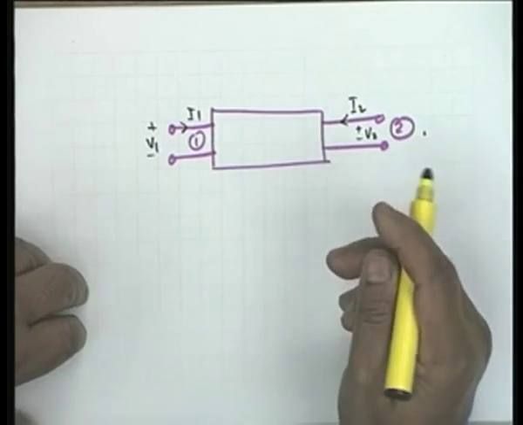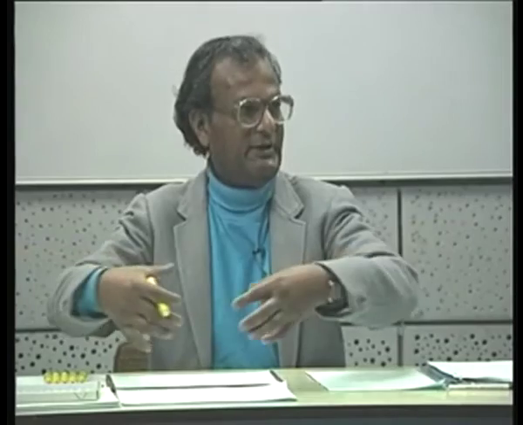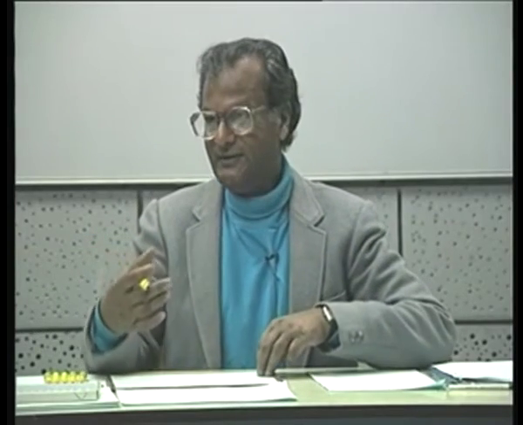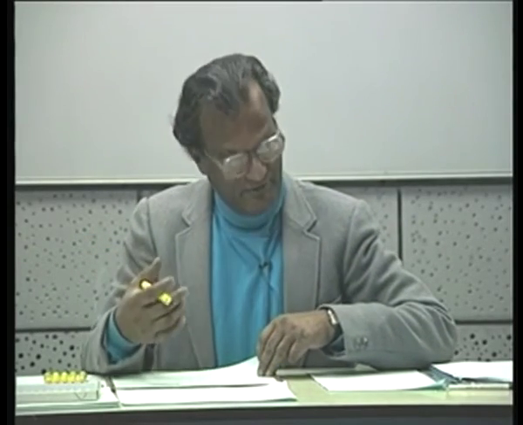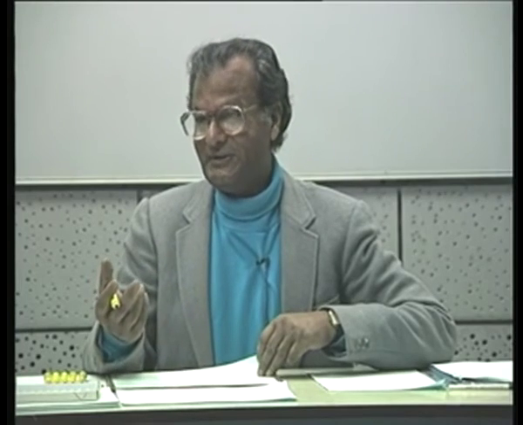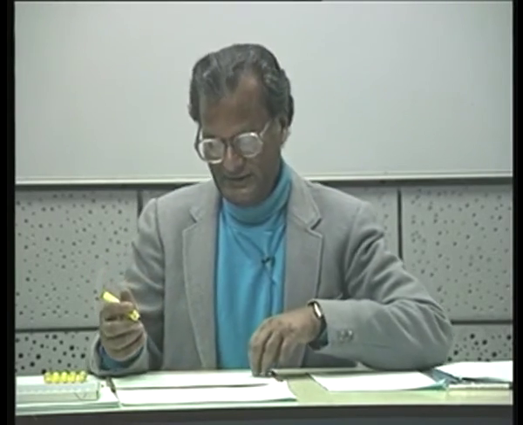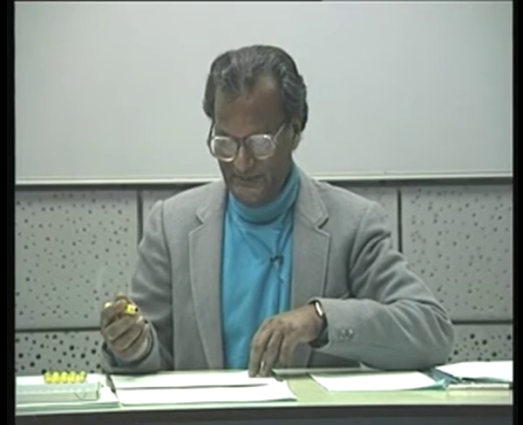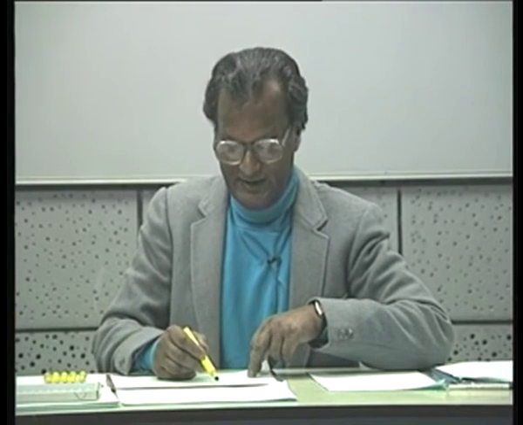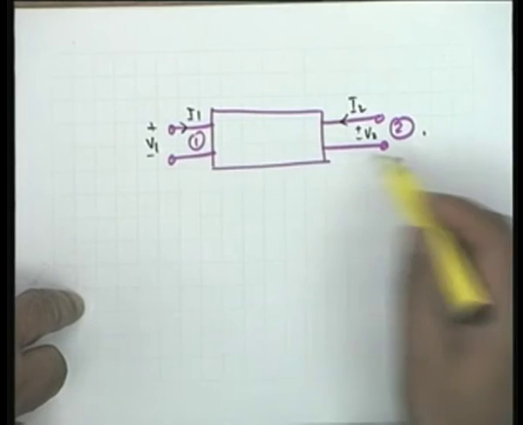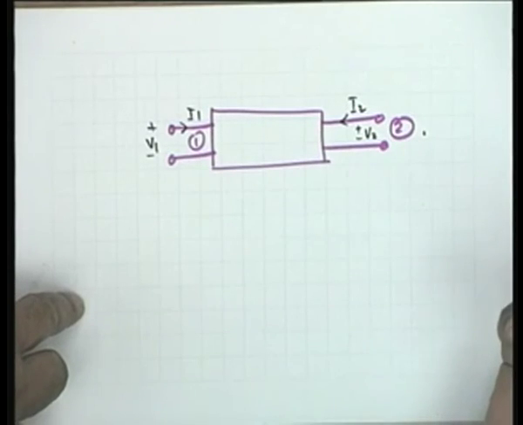The convention is that currents go into the network, exactly like the example of a 2 port that we have already dealt with, the transformer. If this is to be a port, then the current going out here must be I1, and the current going out here must be I2.